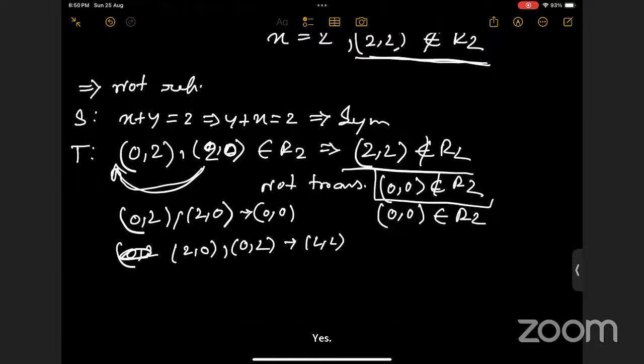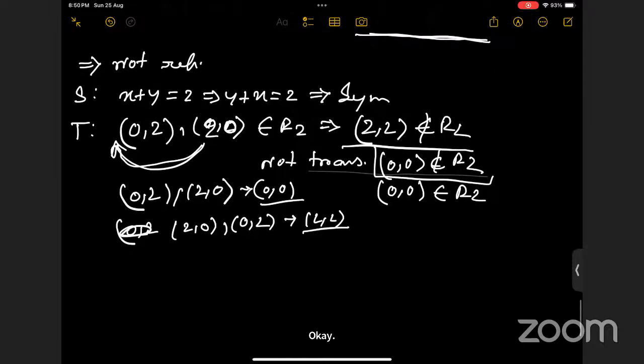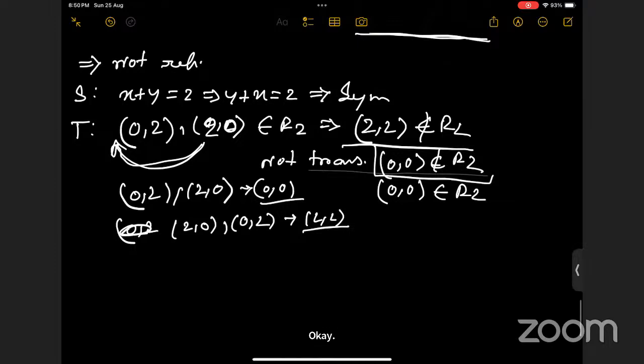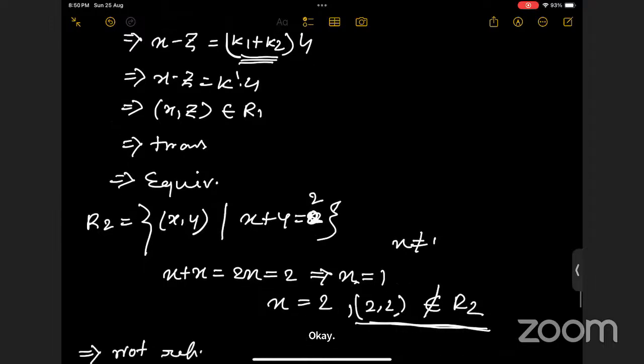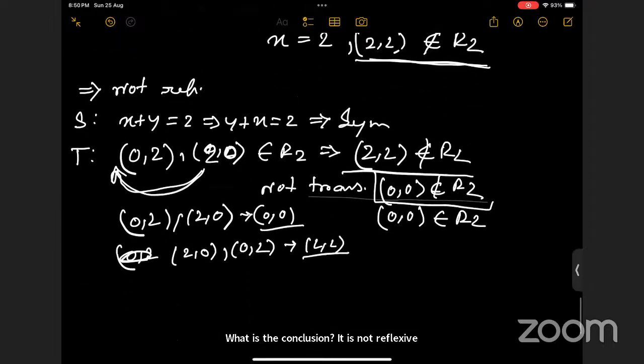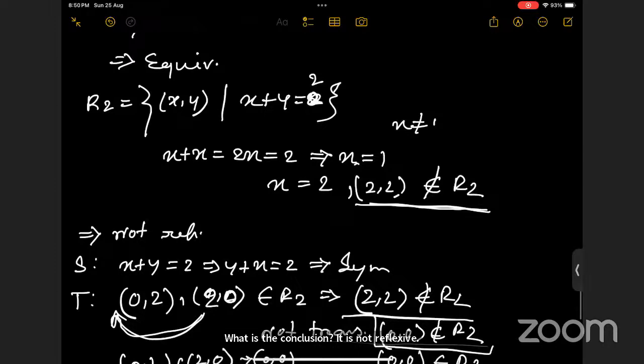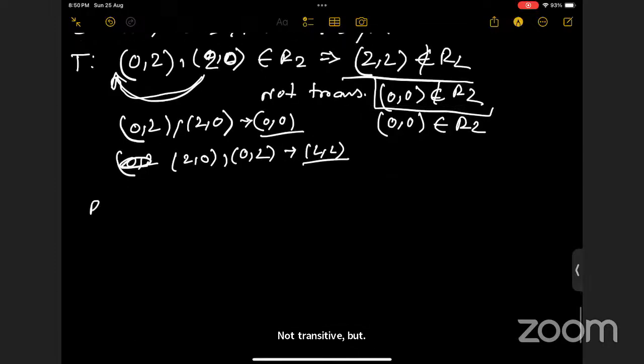Both the elements (0, 0) and (2, 2) should be in R2 in order to be transitive. Okay. So what is the conclusion? It is not reflexive, not transitive, but symmetric, right? Yes, ma'am, only symmetric.